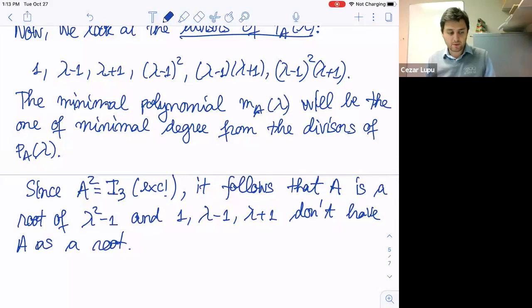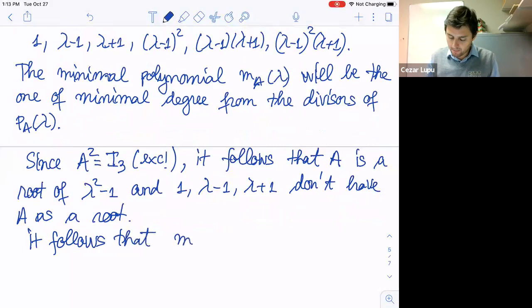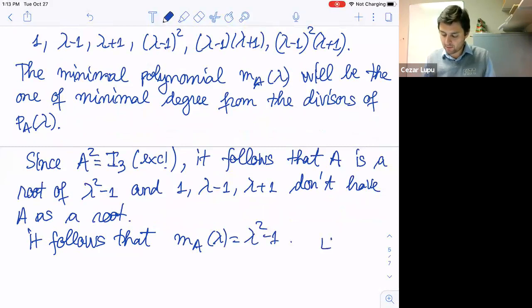Anyway, it follows that the minimal polynomial MA of lambda is nothing else than lambda squared minus 1. Okay, that's it. All right, I hope this example makes sense.